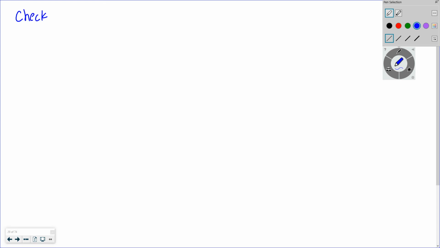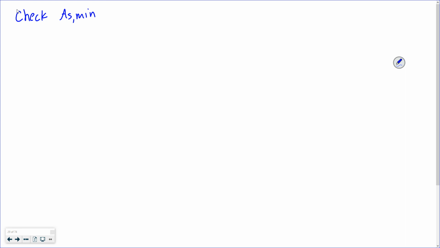So let's see. Our last thing is to check two more things. Check As min first of all. So I've got to go to my As min. Again, we're on page 135, and you have to turn the page.